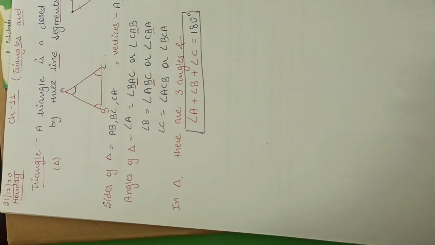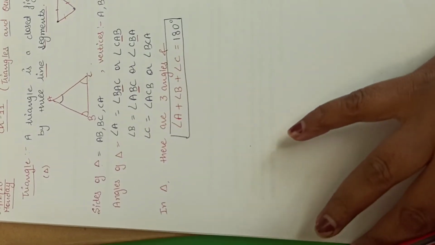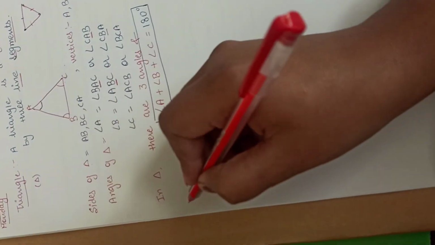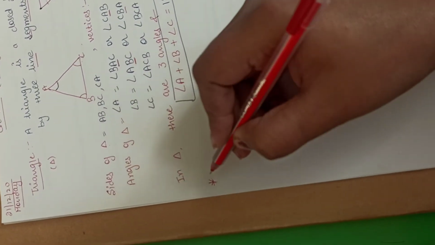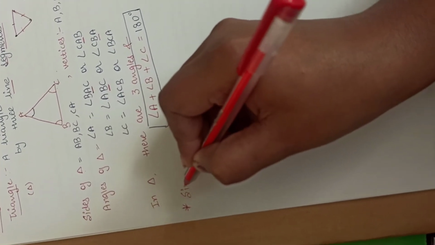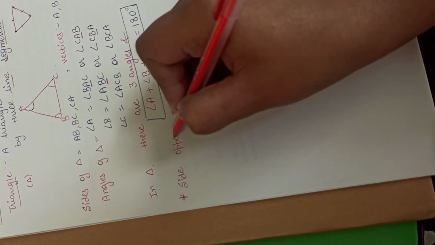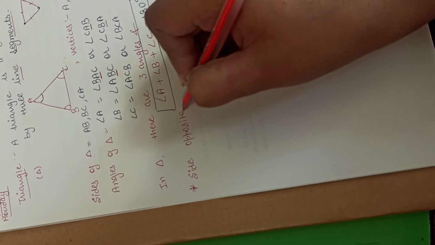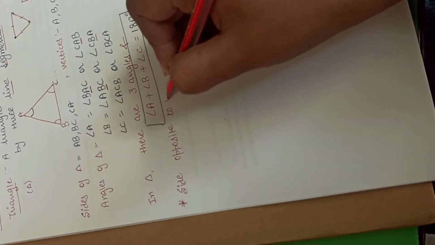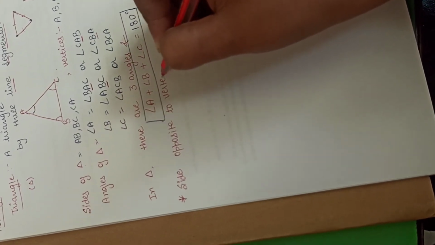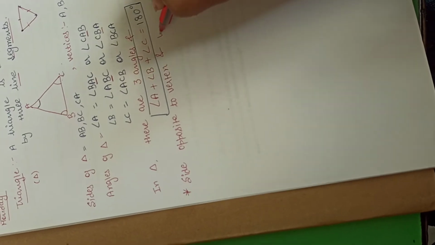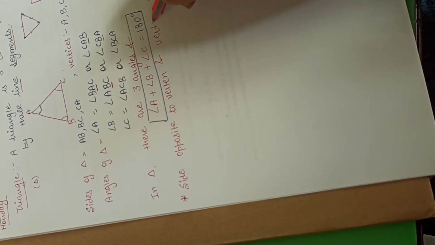Now come to the next topic, that is side opposite to vertex and vertex opposite to side.